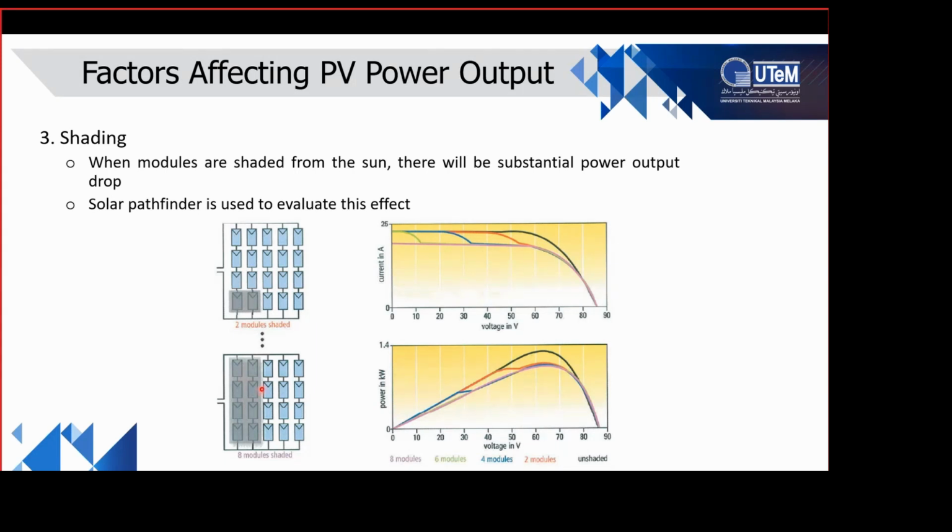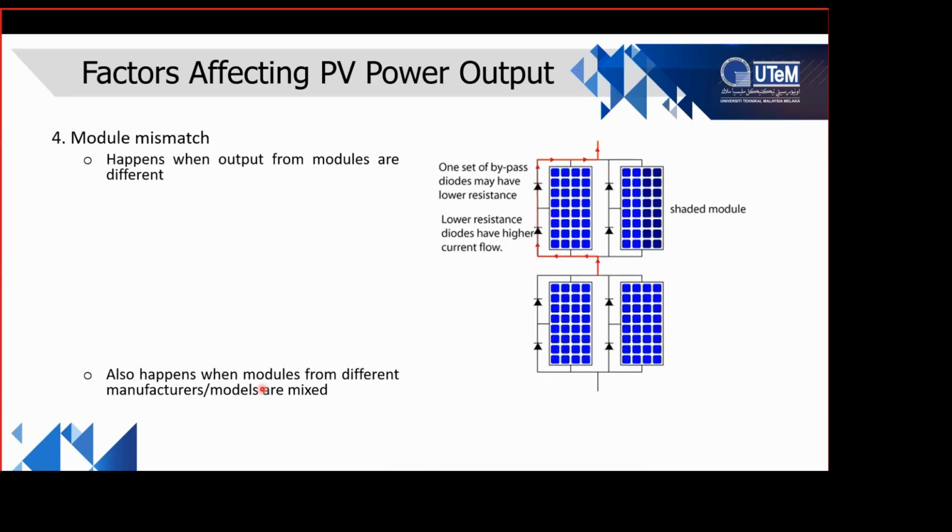Right? Okay, number 4, module mismatch. Module mismatch happens due to several factors. Number 1, the basic concept is that module mismatch happens when the outputs from modules are different, like in the case of shading.